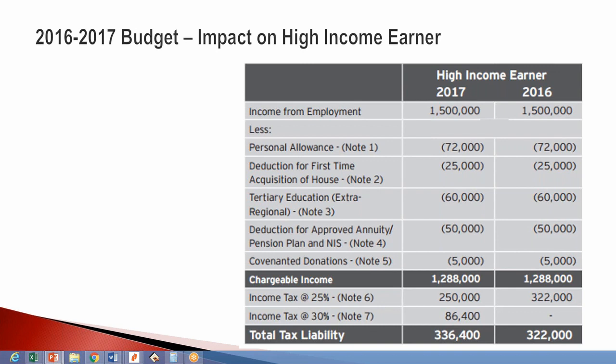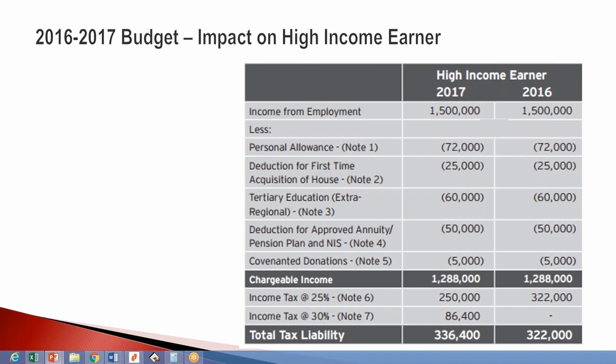Take out all what I consider to be tax allowable expenses: personal allowances, deduction for first-time homeowners, tertiary education, deduction for annuities and stuff like that. After that you calculate your tax based on your chargeable income. Income tax is 25% for the first $1 million, and anything in excess of that is 30%, and there will be your tax liability, $336,400.